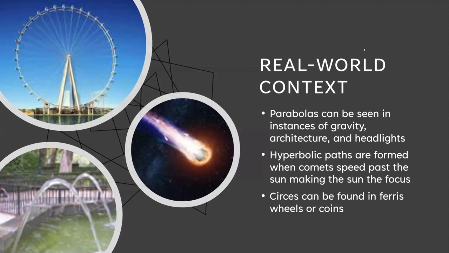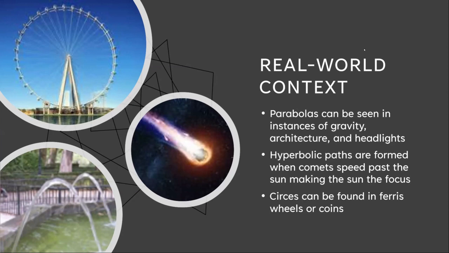Most people have the saying, what goes up must come down, and that has a lot to do with gravity, which creates a parabolic shape. You can also see parabolas within architecture, such as the Gateway Arch in St. Louis or the Arc de Triomphe, as well as in things like headlights for cars.